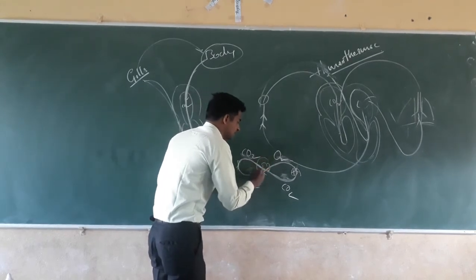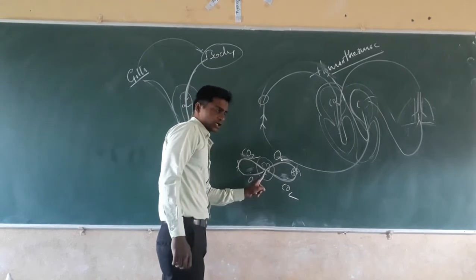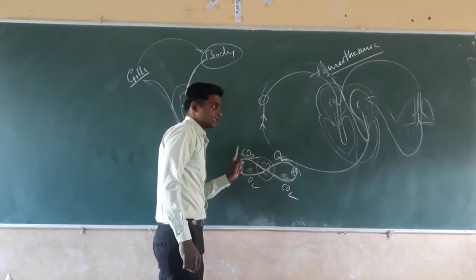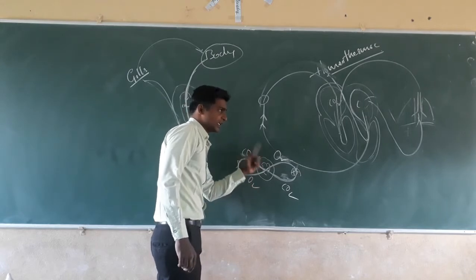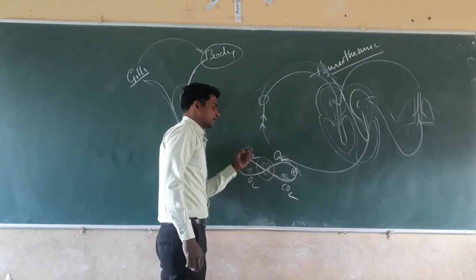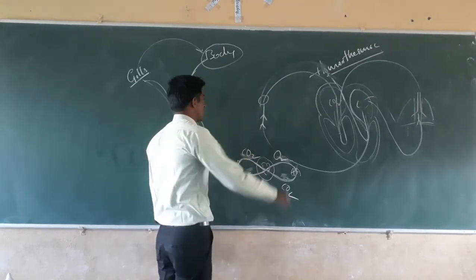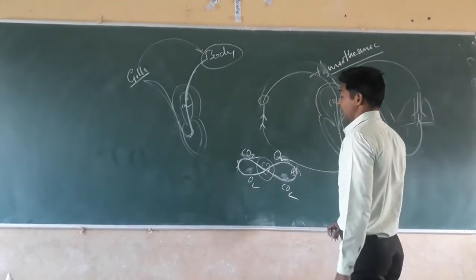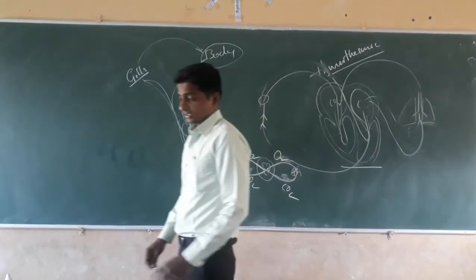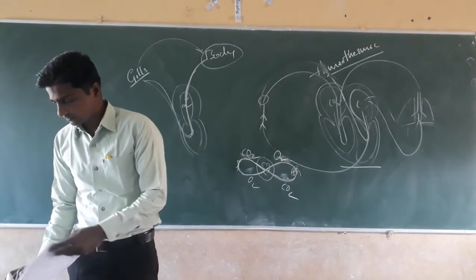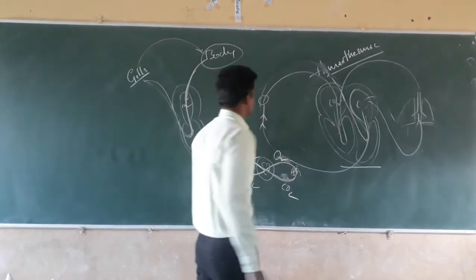It means in each circulation, in each cycle, the blood enters the heart twice. That's why in the case of a four-chambered heart, the blood circulation is a double circulation.